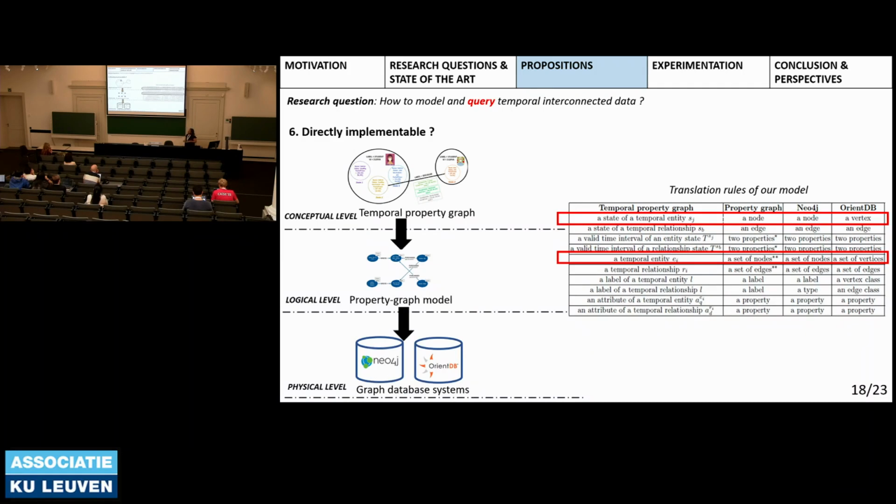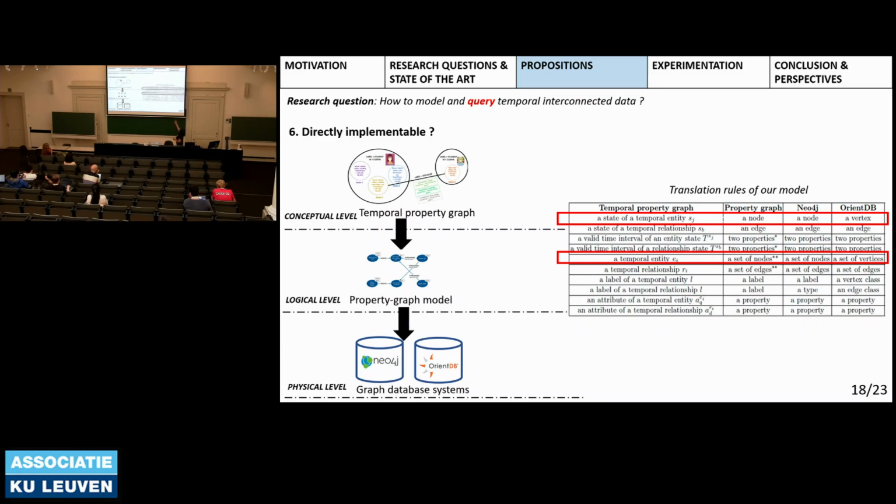Finally, our operators must be directly implementable in a technical environment. To do so, first, our conceptual model of temporal property graph must be implementable in a technical environment. So we proposed automatic translation rules from our temporal property graph into the property graph model, and from the property graph model to graph database systems, such as Neo4j and OrientDB.